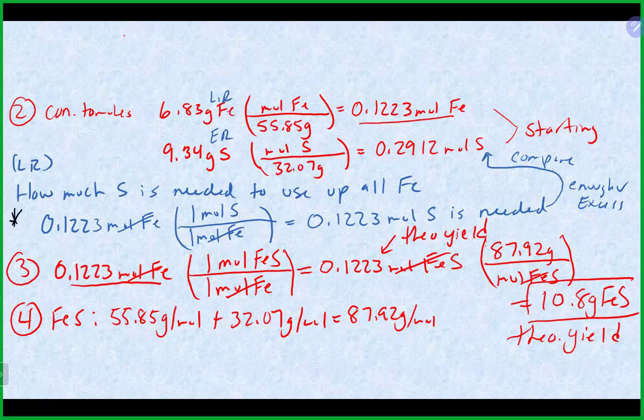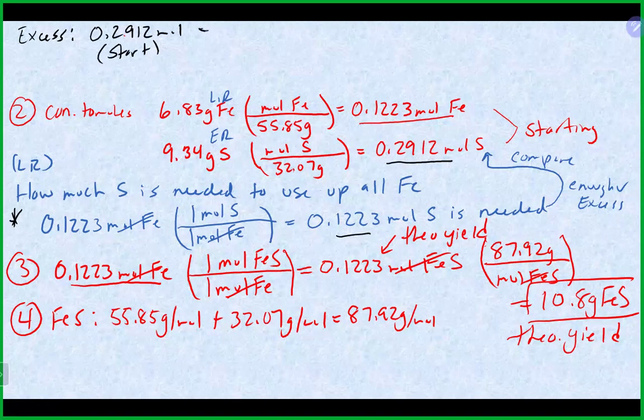Based on that calculation, we saw that we needed 0.1223 moles of it. We are starting with 0.2912 moles of our excess reagent.